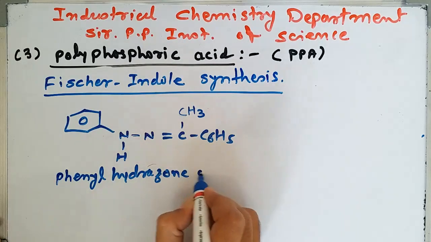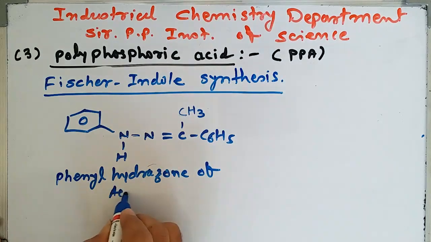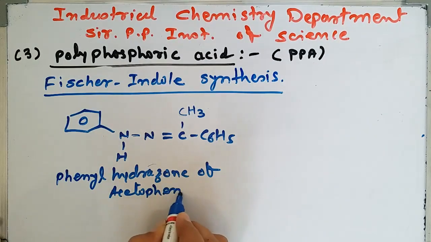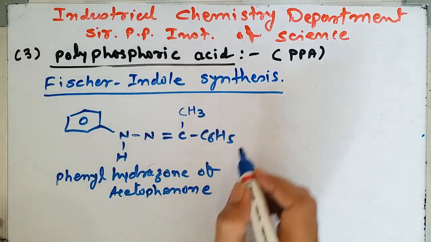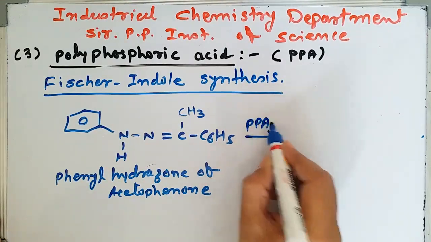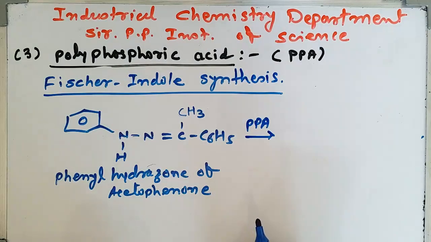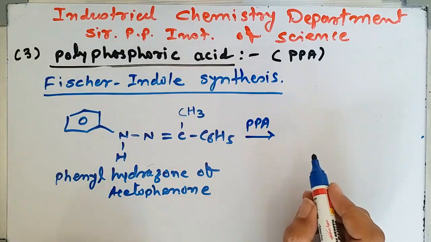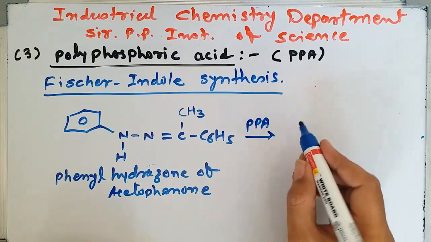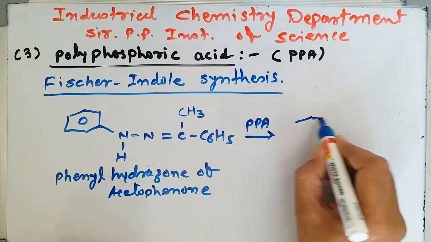The hydrazone of acetophenone is treated with polyphosphoric acid, PPA. So phenylhydrazone of acetophenone is converted into 2-phenyl indole.